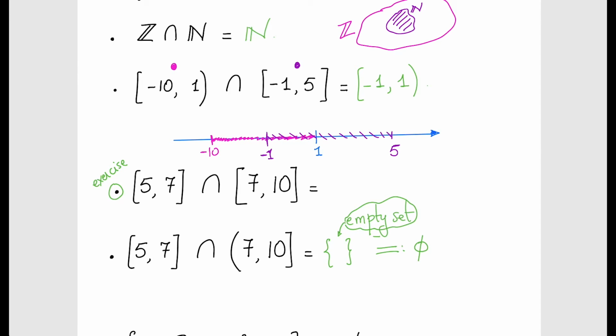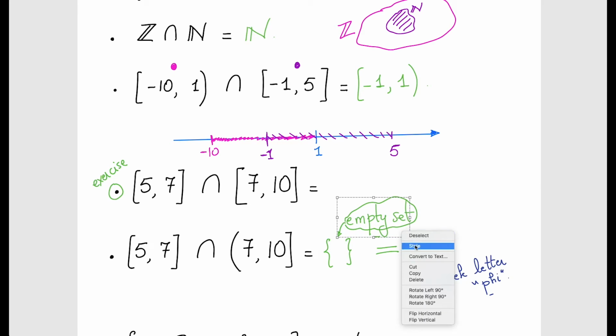And this is the Greek letter phi. Okay, so phi, what is it? It only denotes the empty set. It's the set consisting of absolutely nothing. It has nothing in it. Okay. All right. Let me just color this something else. Okay, there we go. Very good.